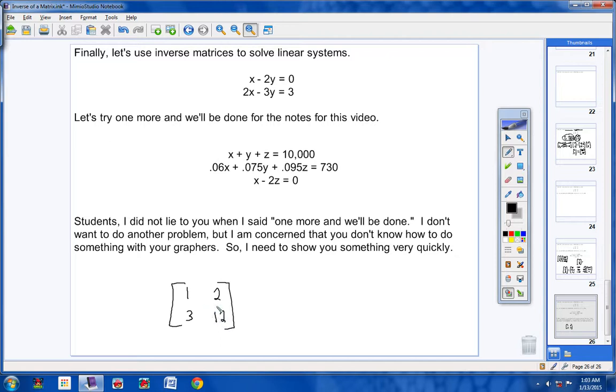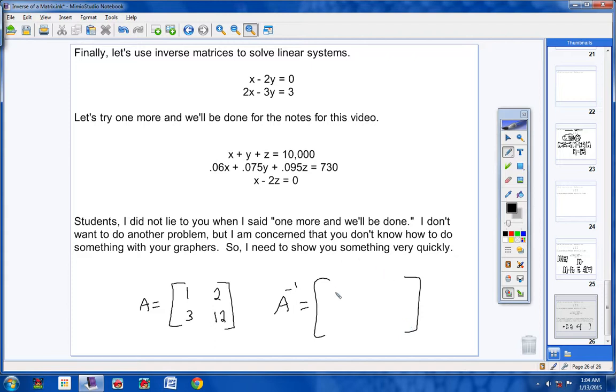Now if I found the inverse of this, let's just say you typed it into your calculator, this is what you would get out right here.